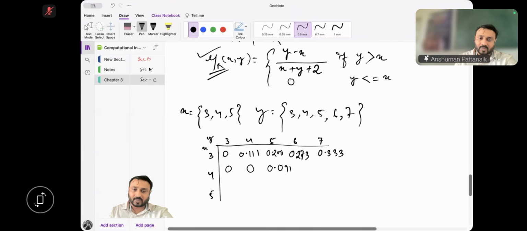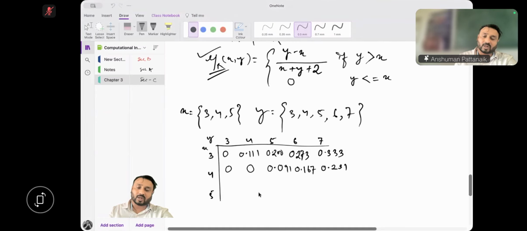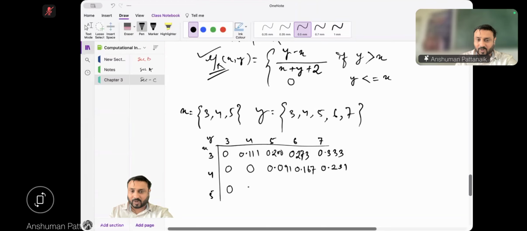Okay, for clarity. Now 4 and 6, what will be the value? 0.167. And this will be 0.231. What about 5? For 5, 5 to 3 will be 0, 5 to 4 will be 0, 5 to 5 will be 0.